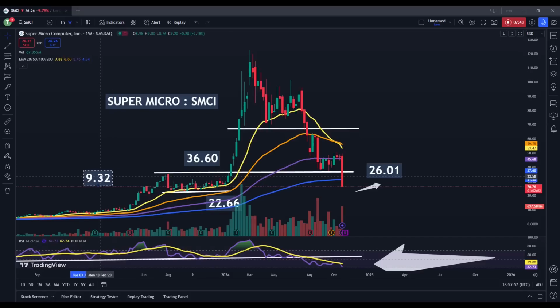So just from the longer-term perspective, this is getting very dicey and very difficult to project into the future. But just in terms of simple support and resistance zones, the next major level here is 2266, and then from there, it does start to look like we're moving down to possibly a test of that $10 level.